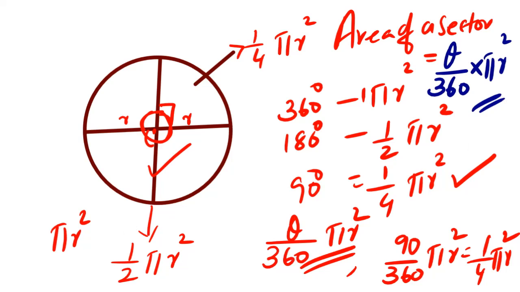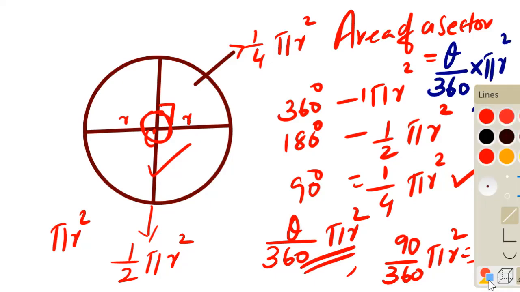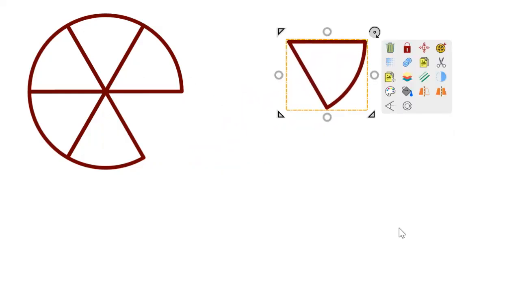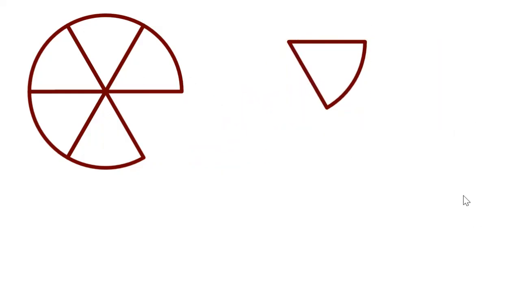And how a sector looks, I would like to show you once again, because in this kind of situation images are very important. This is a circle, and if I divide this into 6 pieces, each part is a sector. This is the shape of a sector, and each sector has its own angle here, which we named theta.